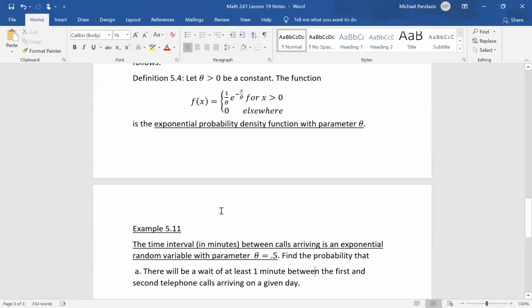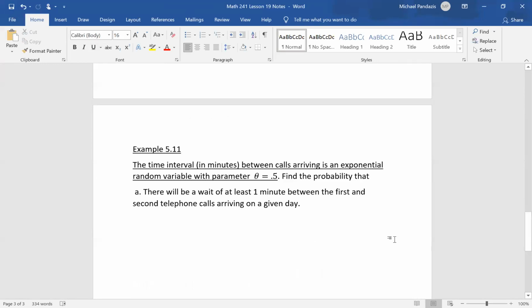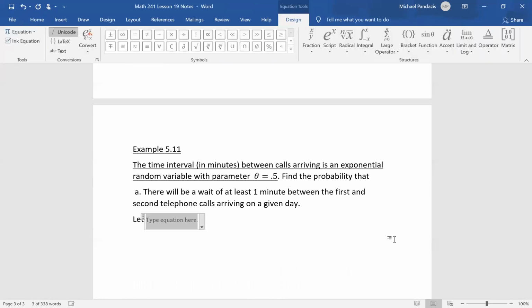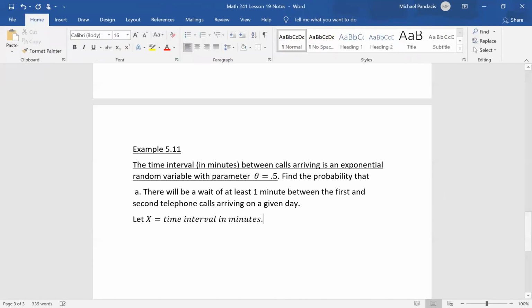That's telling you what you need to let x be. Okay, so let x equal time interval in minutes between calls arriving.